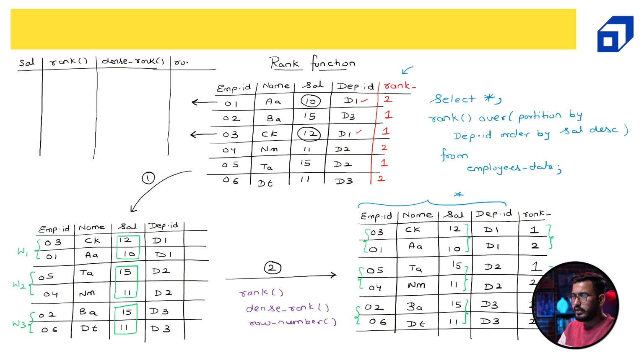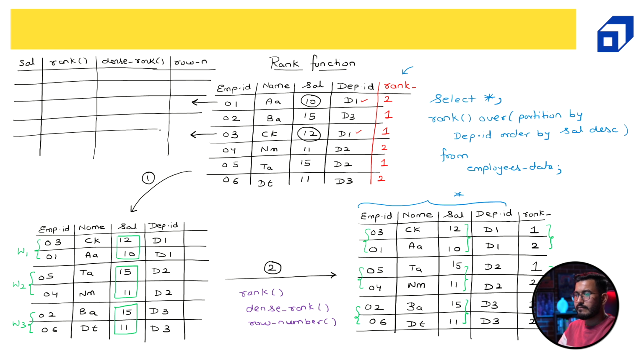For row number I'm writing row underscore n, and let's create some records. Now please consider this as one window. Within this window, I have persons with salaries of 100, 98, 98, 95, 92, and 80.